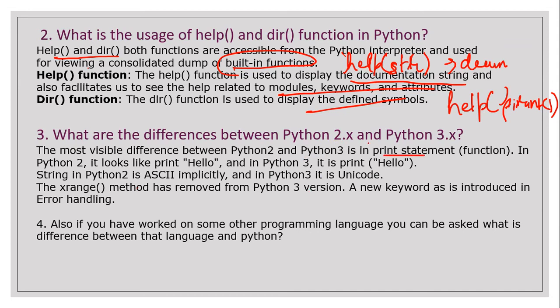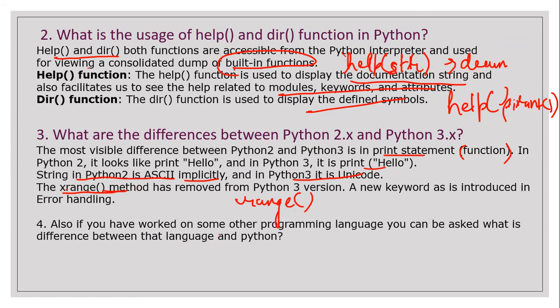In Python 2, the print statement didn't have parentheses, but in Python 3 it has parentheses. Second, strings in Python 2 are ASCII implicitly, and in Python 3 it uses Unicode. Then in Python 2 there was the xrange method, which is not there in Python 3. We are just using range here in Python 3.